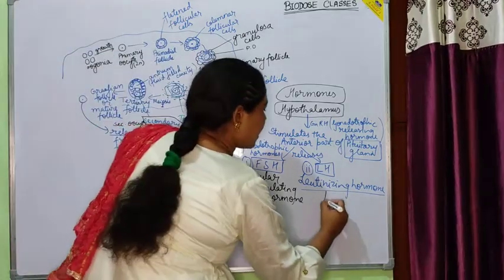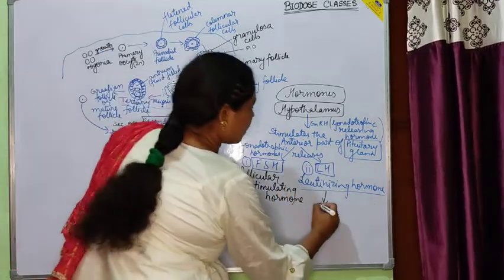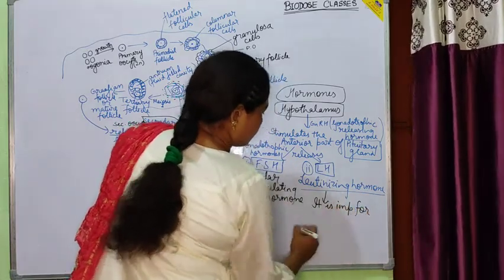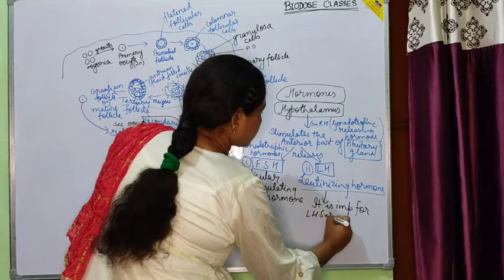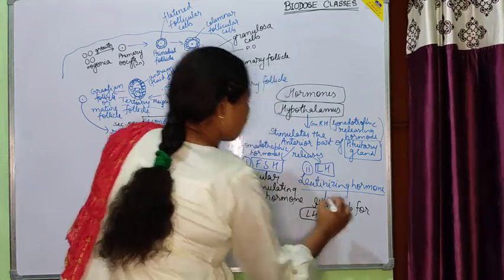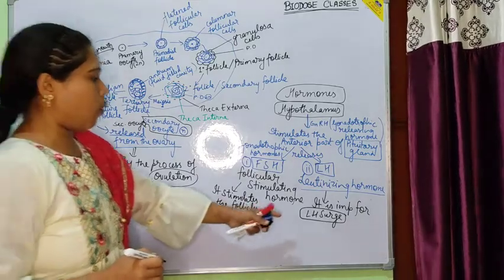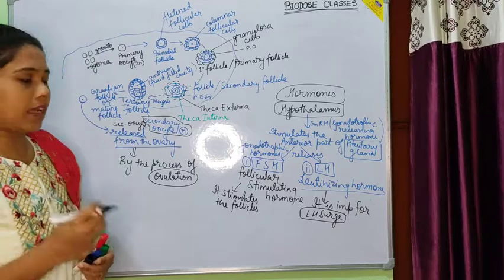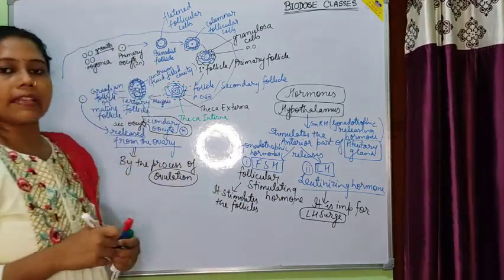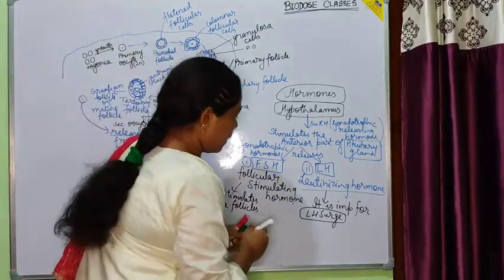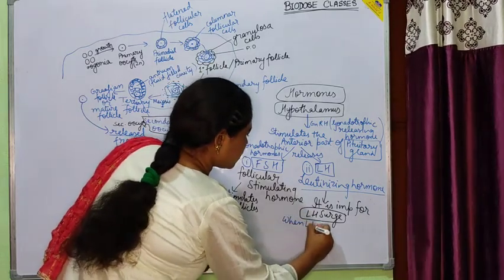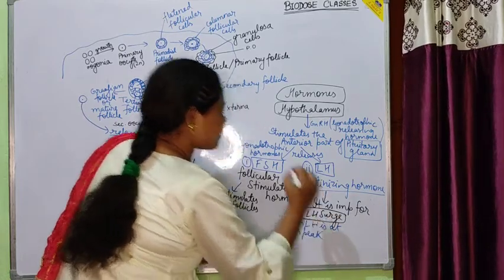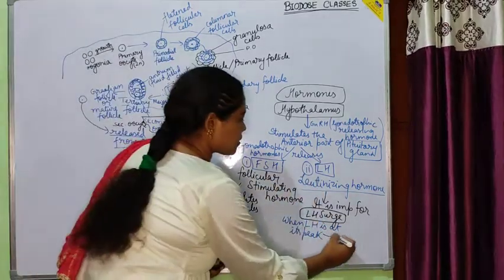So, this LH is important for LH surge. So we discussed this point. When inside a female the hormonal level, or rather luteinizing hormone, is at its peak, that condition is called LH surge. What we would write here? When LH is at its peak, that condition is known as LH surge.